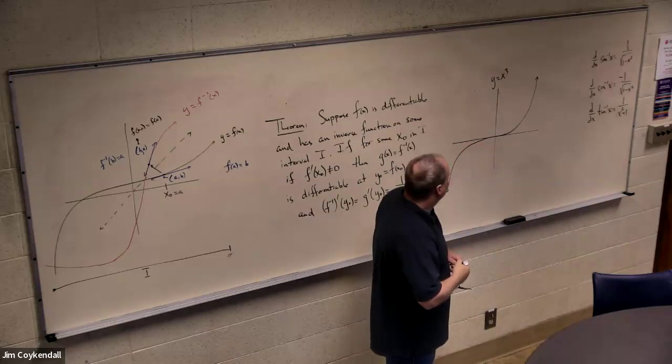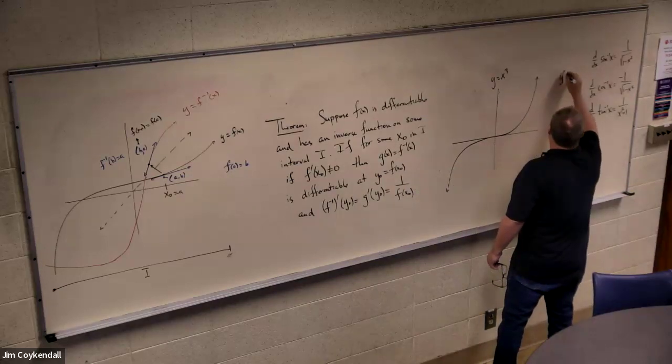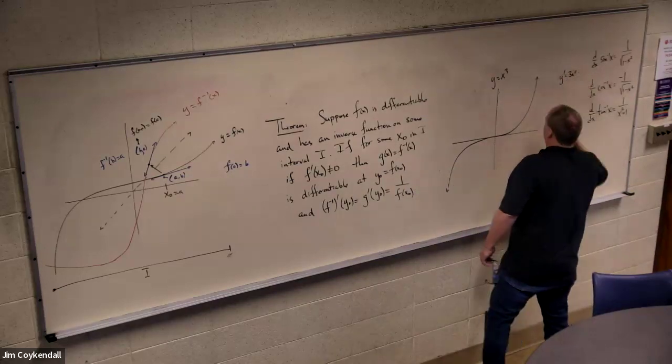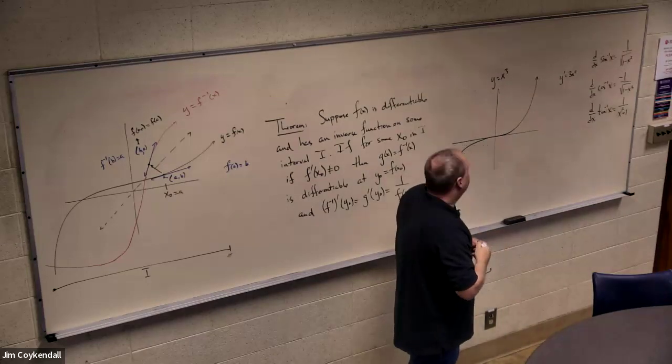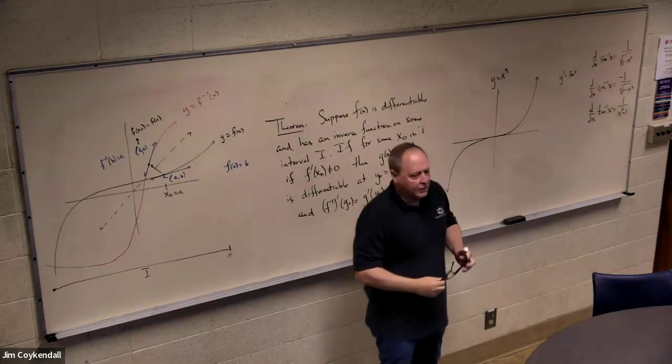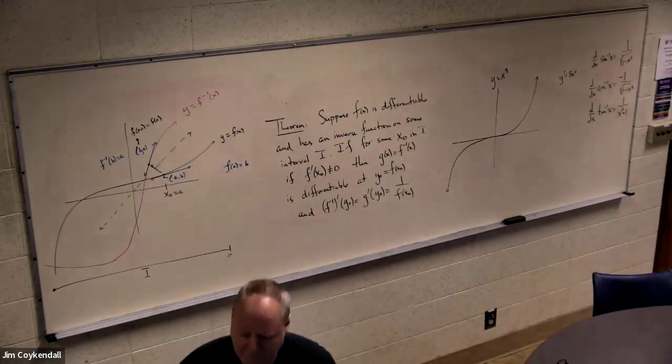What's the derivative? So what's the slope of the tangent at the origin? Zero. What's the inverse function? Y equals x cubed.